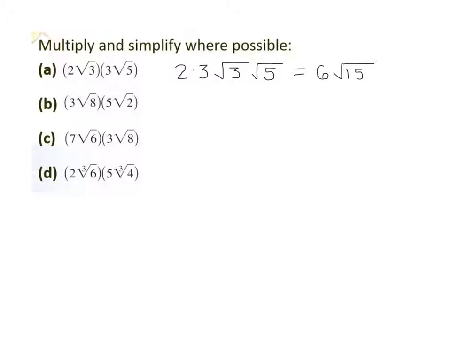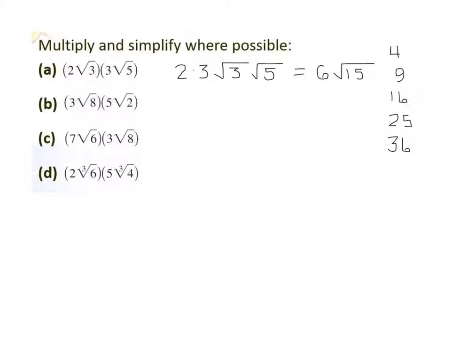In order to determine if it can be simplified, we have to think about our list of perfect squares: 2 squared, 3 squared, 4 squared, 5 squared, and so on. We can see that there is not a perfect square that divides into root 15. Therefore, this cannot be simplified any further.